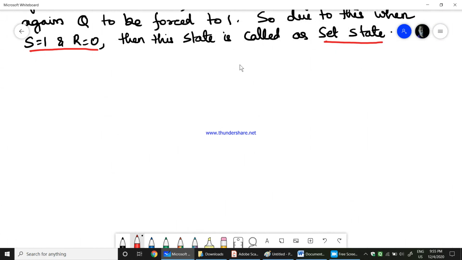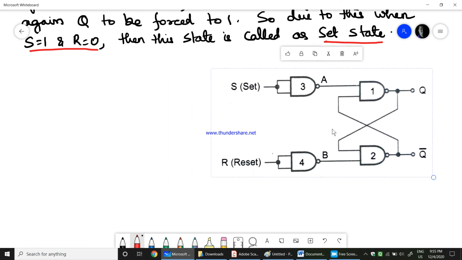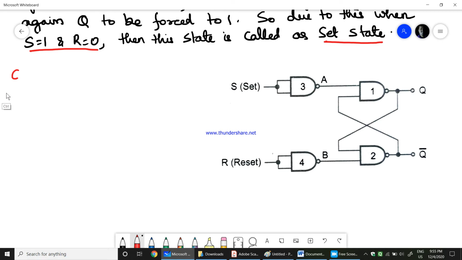Let us go with the next case, when S equals 0 and R equals 1. So this is case 3.